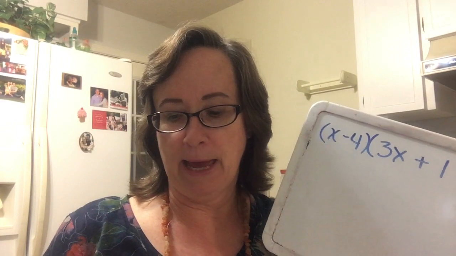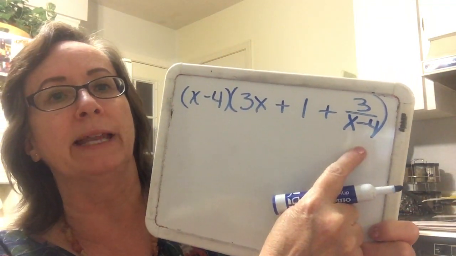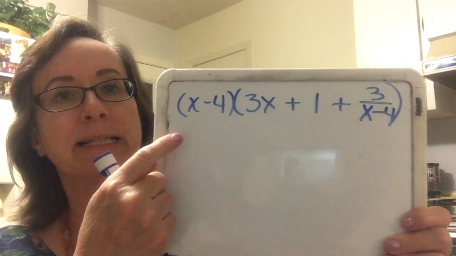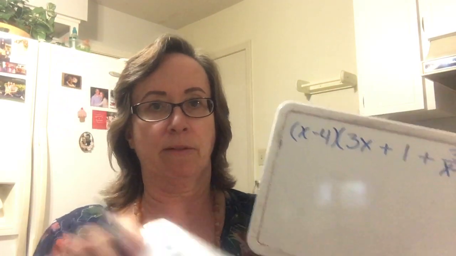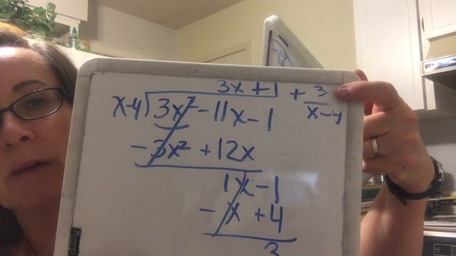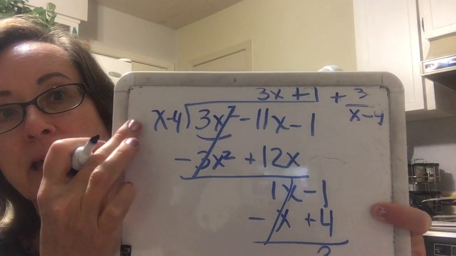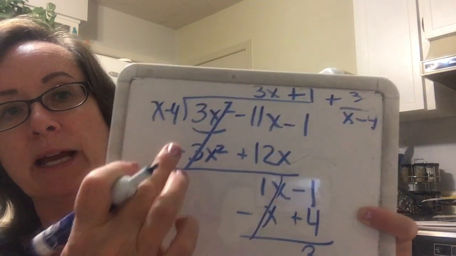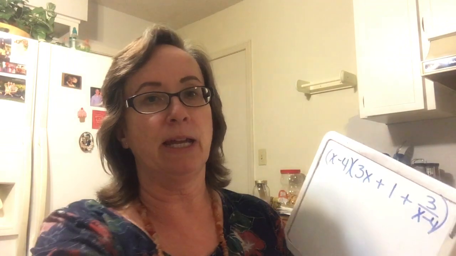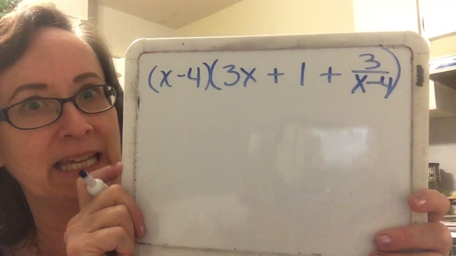Okay, so this was my quotient, 3x plus 1 plus 3 over x minus 4. And then this was my divisor. Okay, so this was my original problem here. I'm taking my quotient, and I'm going to multiply it by my divisor, and hopefully I should get back my dividend.